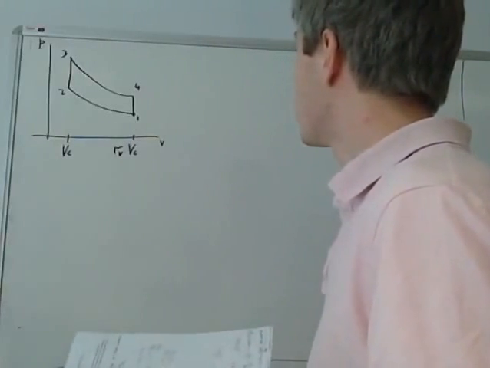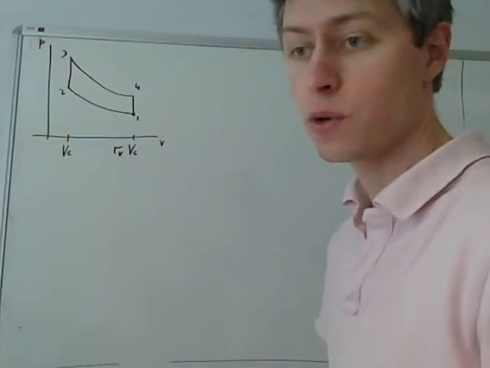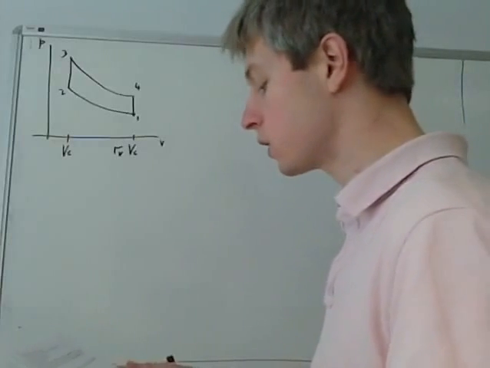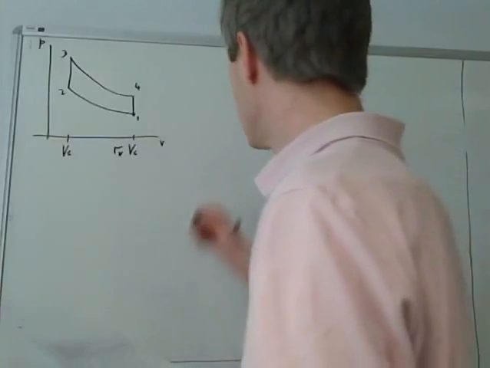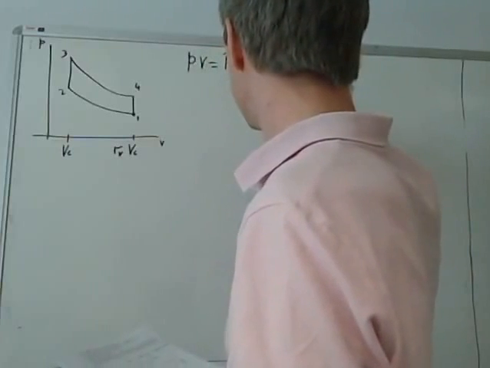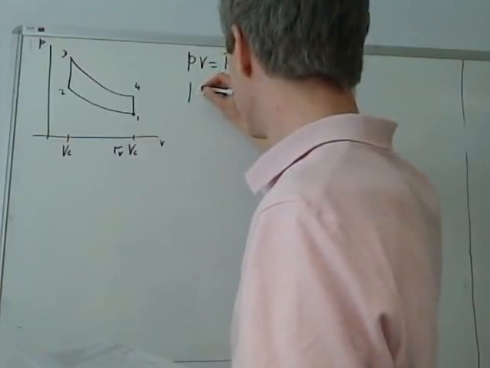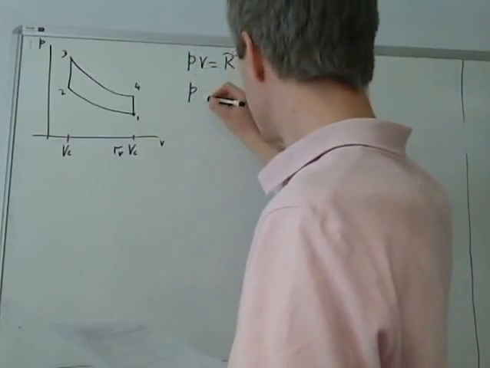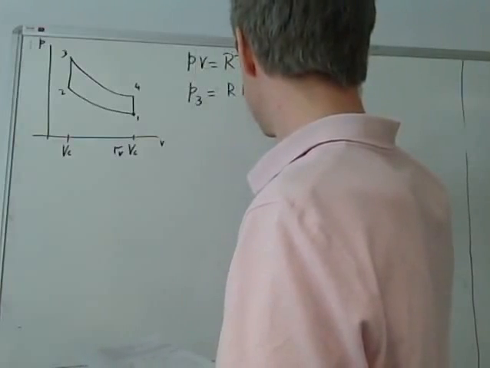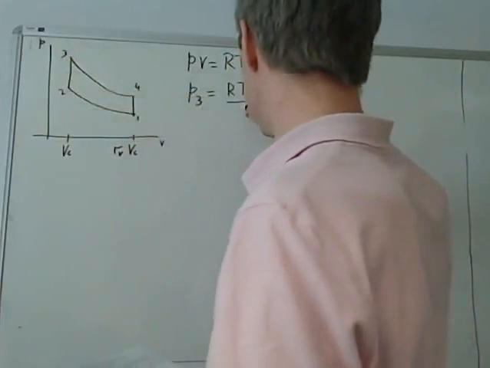We can use either isentropic relations to get this, or since we already know the temperatures, having deduced them using isentropic relations, we can now use the ideal gas law. And what that tells us is that PV equals RT. And in particular we can say that P3 is equal to RT3 over the volume at point 3, which is VC.